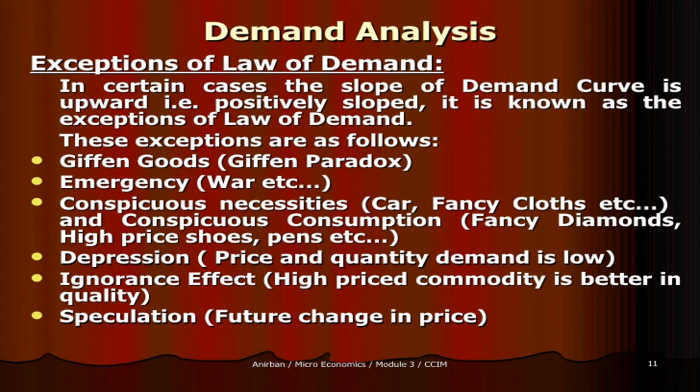This implied that the quantity demanded of bread, which is an inferior good, increased with an increase in its price. Sir Robert Giffen, an economist, was the first to give an explanation for this situation.